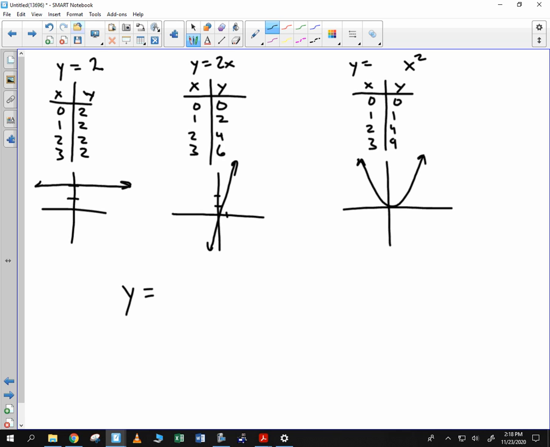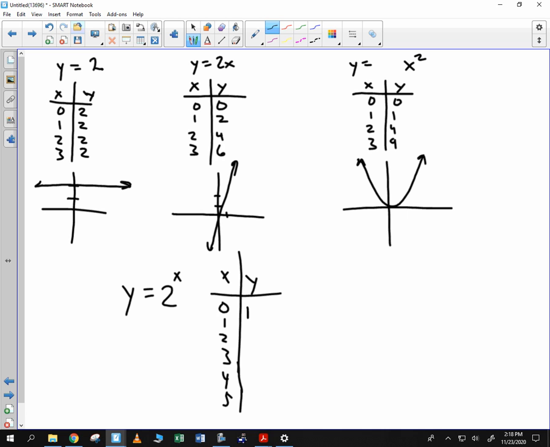Look at y is equal to 2 raised to the x power. So understand what happens in this situation. 0, 1, 2, 3, and I'll even go to 4 and 5 so we can see what's going on. If we plug in 0, anything to the 0 power is 1.